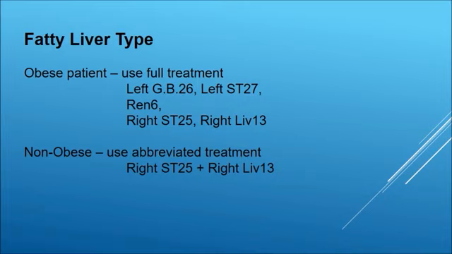The fatty liver treatment for the regular patient is right stomach 25 and right liver 13. For an obese patient, we start with left gallbladder 26, left stomach 26, 27, Ren 6 in the center, and then right stomach 25 and right liver 13. We would omit Ren 6 if the pulse is slow.